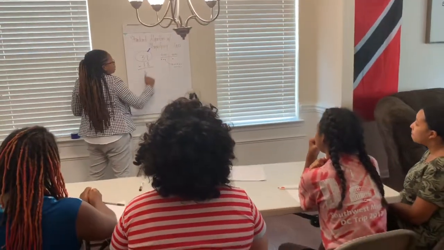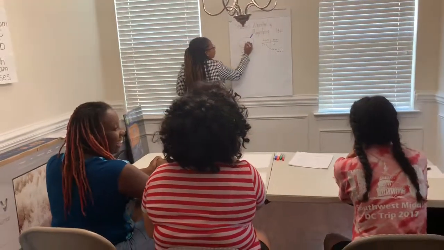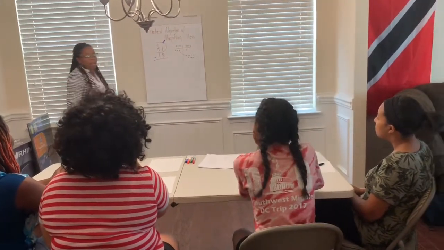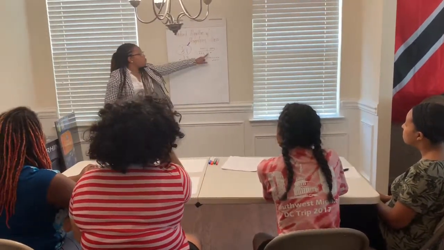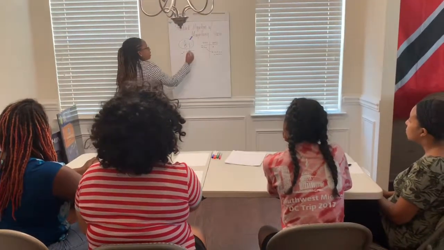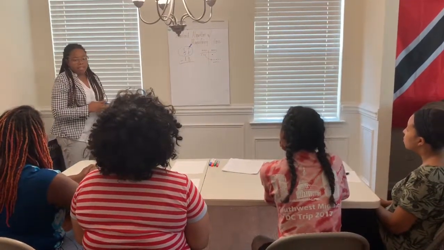Now going back to my magnifying glass, I need to rename my numbers. How many 10s do I now have in my place value chart? 2. So I'm crossing out my 3 and I'm writing a 2, doing it within this magnifying glass. How many 1s do I now have? 11. I'm crossing out my 1 and writing that 11 in my magnifying glass.